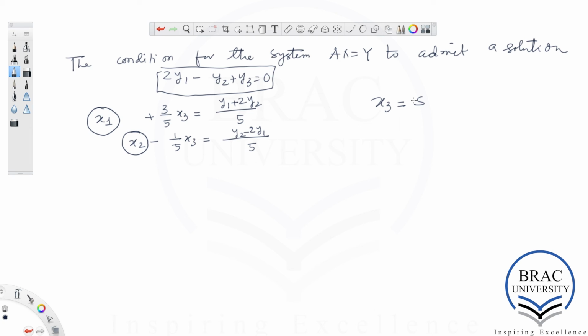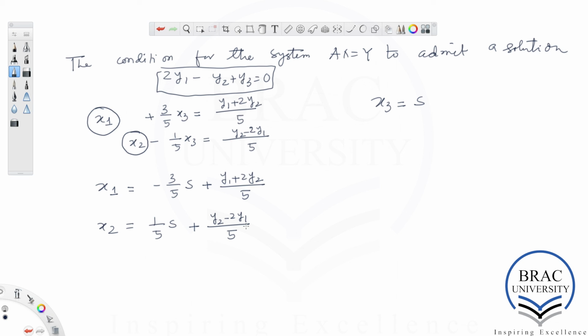Then we express the leading variable x1 in terms of this free variable s in the following way. x1 is going to be equal to minus 3 over 5 s plus (y1 plus 2y2) over 5. This is x1, and x2 is going to be equal to 1 over 5 s plus (y2 minus 2y1) over 5. All right.